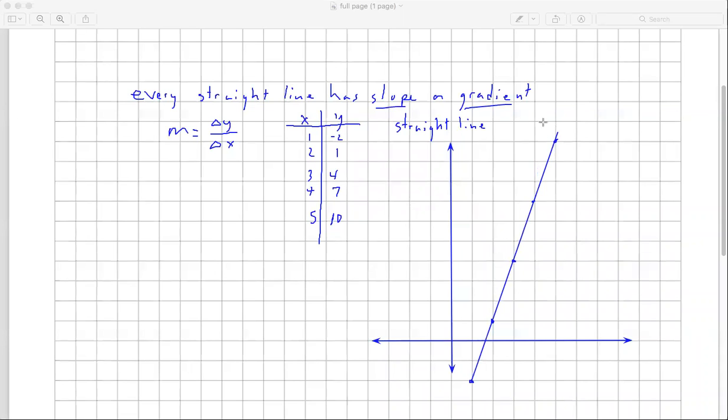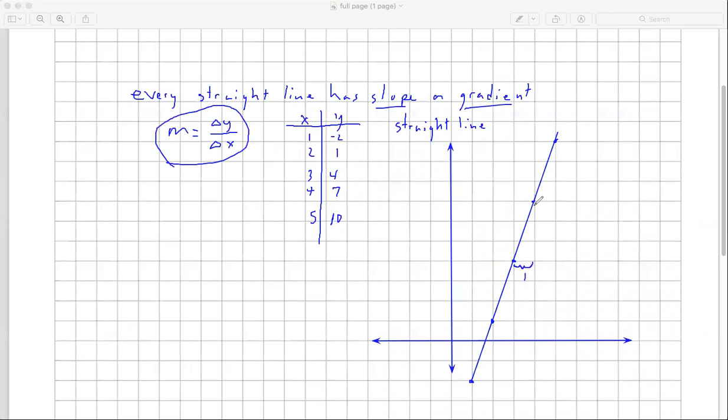Okay, now, how can I determine the slope of this thing? Remember that we defined the slope or the gradient as the change of y over the change of x. Well, I can take any situation, like right here, these 2 points. From here to here is my change of x, which is 1.